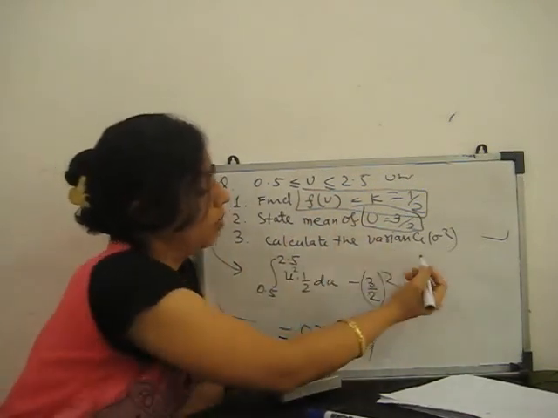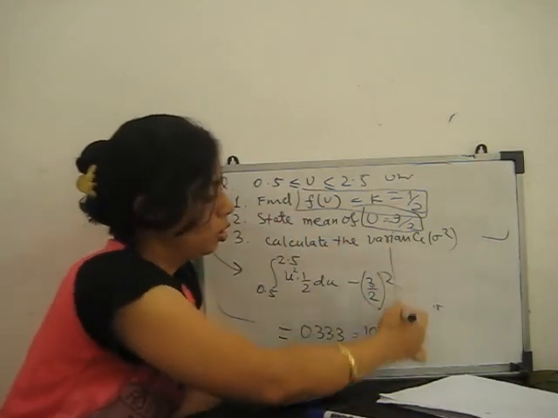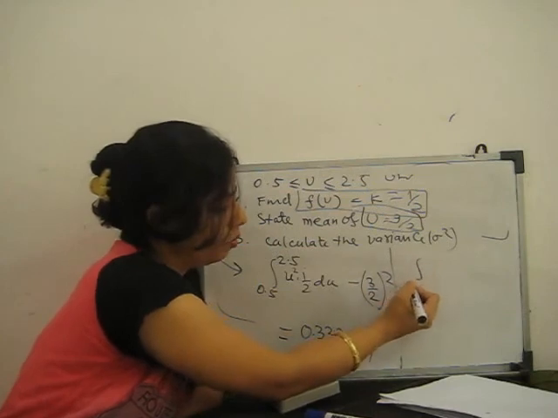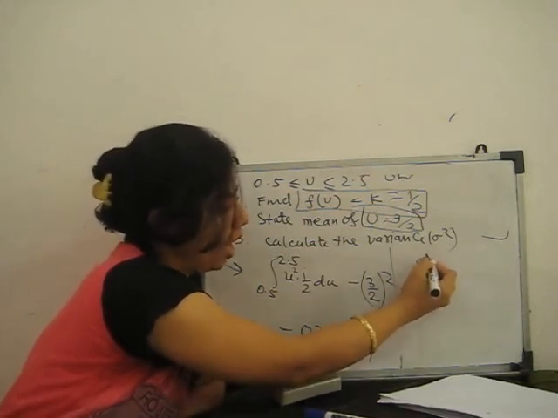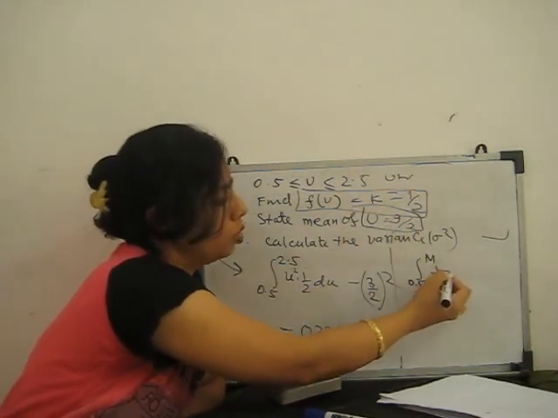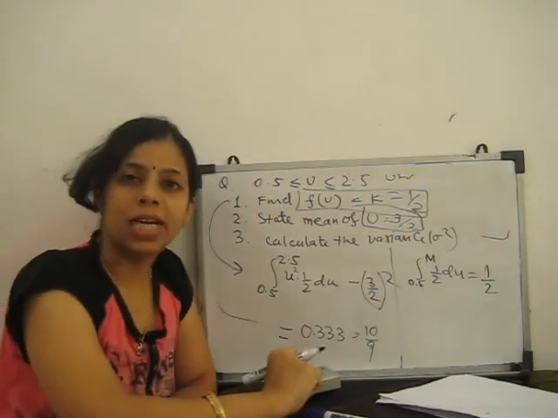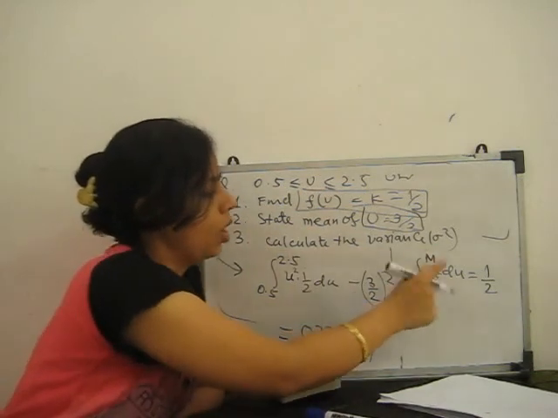Median is what? Median means the midpoint of a random continuous variable. So for the median, what is our integral from 0.5 to m of f(u) du, where f(u) is what? 1/2 du. The value of this probability density function is half. With the help of this integral we can find it equal to half.